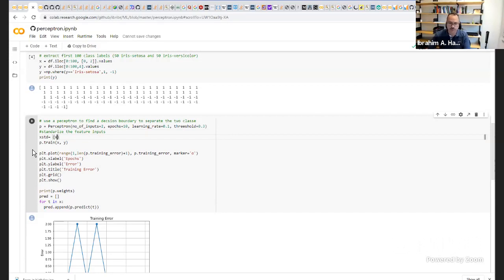We need to get x minus the mean, x minus x mean, divided by the standard deviation. With standard deviation sigma, it's x minus mu divided by sigma. So please, can you do it? We need to add one line here to standardize our data set.